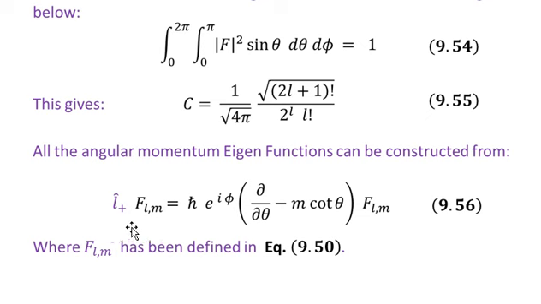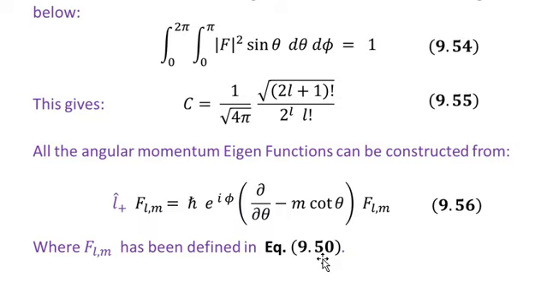So the raising operator operating on the full form of the azimuthal wave function, capital F_lm, on the right hand side we have h bar e to the power iota phi, and the parenthesis contains partial over partial theta minus m times cot of theta operating on capital F_lm. So equation number 56 can be used to generate all the higher states of the F_lm wave function, where F_lm has been defined in equation number 50.